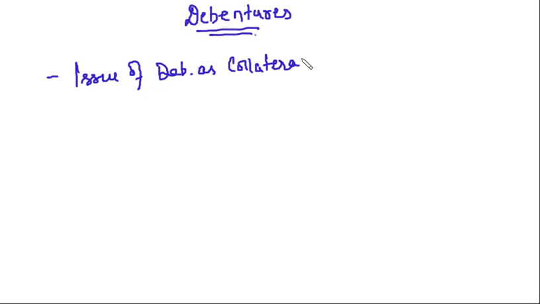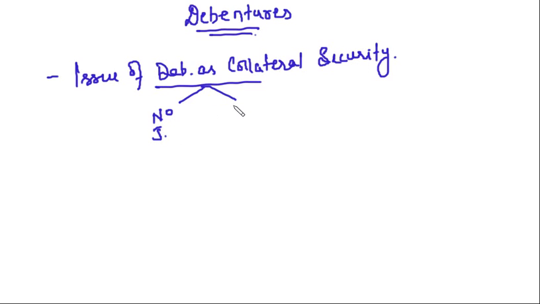You take a loan from the bank and the bank asks for additional security in addition to the first security. That is issue of debentures as collateral security. In this we did two methods: method 1, no journal entry, and method 2, journal entry is passed. This is what we discussed, right?